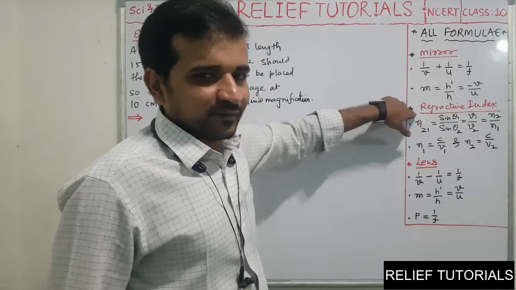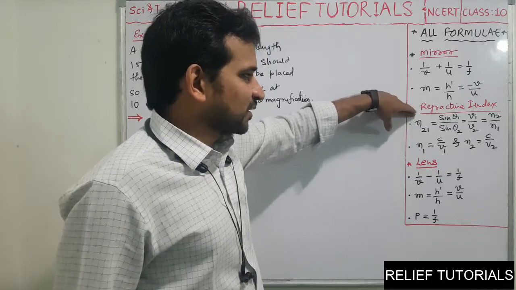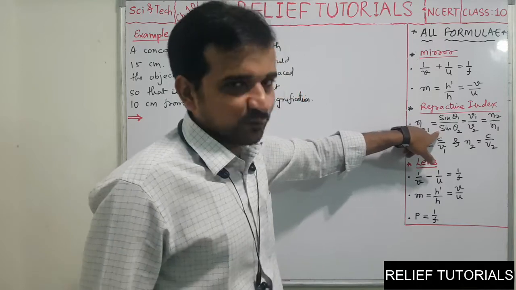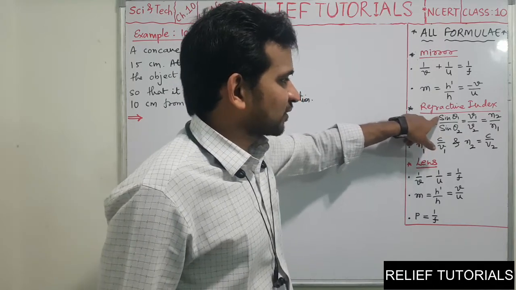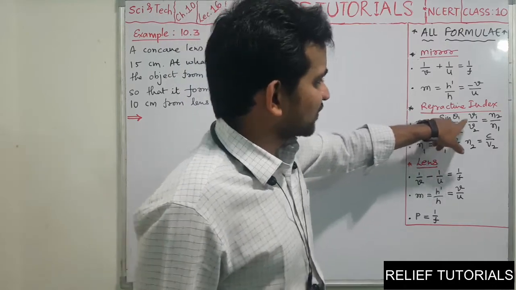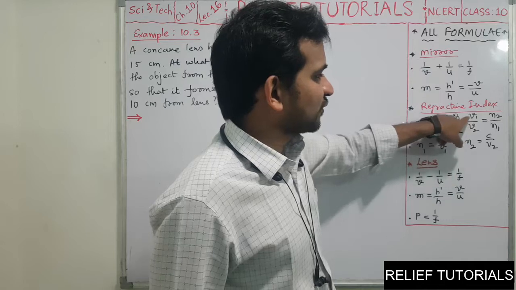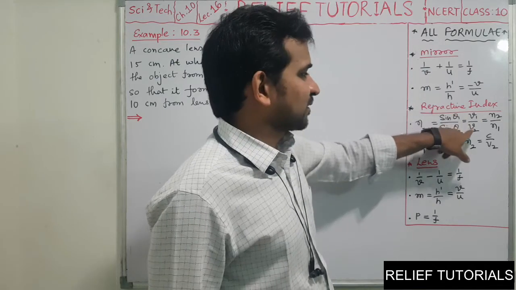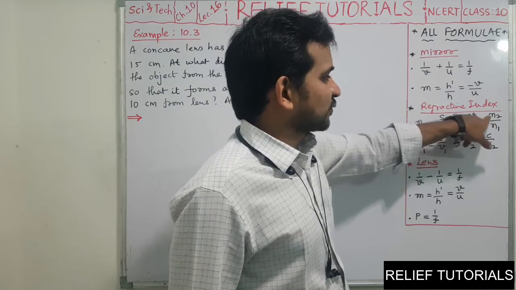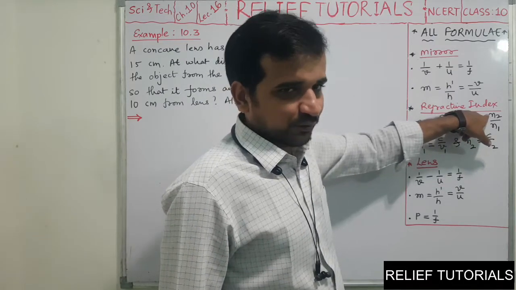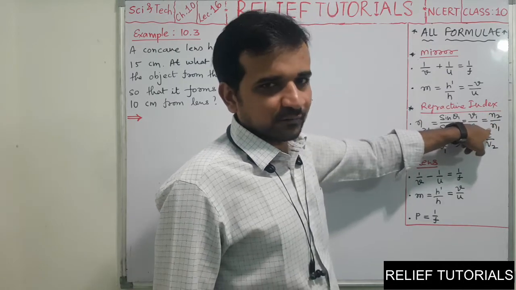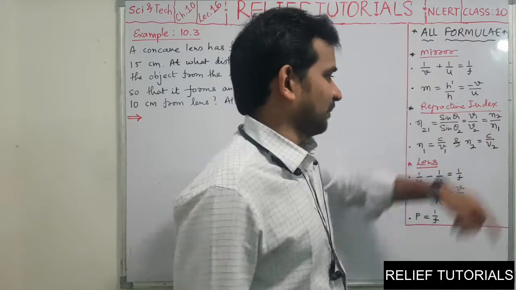Refractive index of refracting medium with respect to incident medium, theta 21, is equal to sin theta 1 upon sin theta 2. It is the ratio of sine of angle of incidence to sine of angle of refraction, is equal to V1 by V2, speed of light in incident medium upon speed of light in refracting medium, is equal to eta 2, absolute refractive index of refracting medium upon absolute refractive index of incident medium.